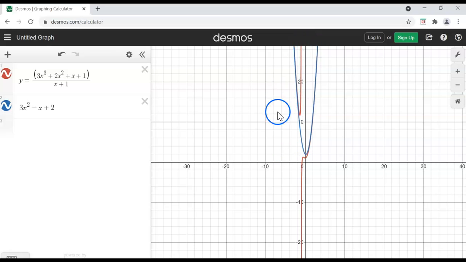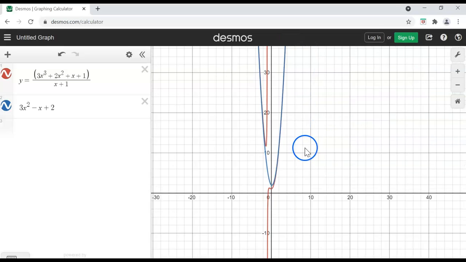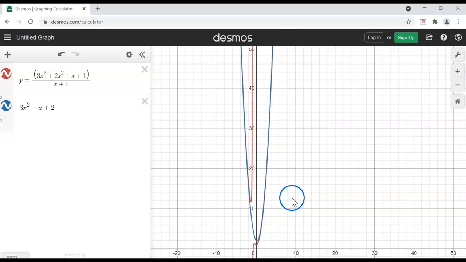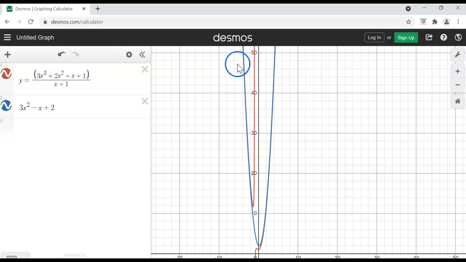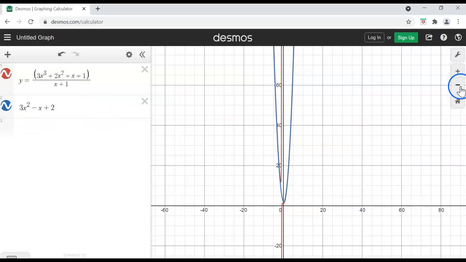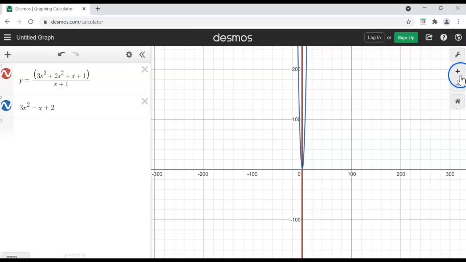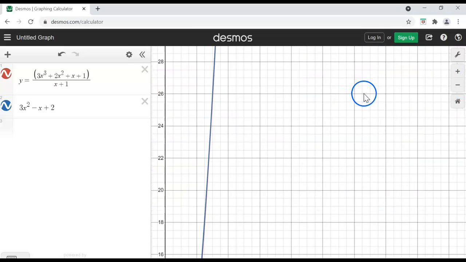There's actually a vertical asymptote at x equals negative 1, and then the function picks up after that. And as it goes towards negative infinity or positive infinity, we can clearly see it gets closer and closer to this 3x squared minus x plus 2 parabola. So yeah.